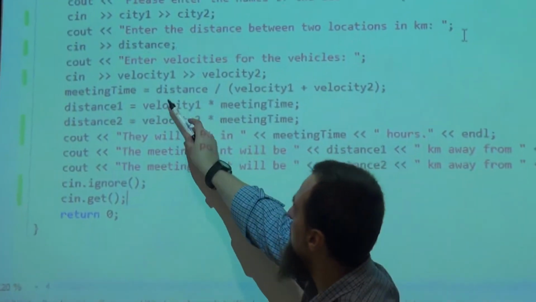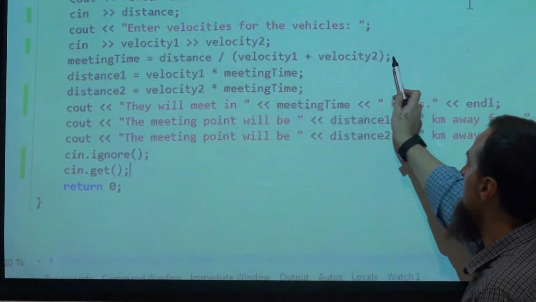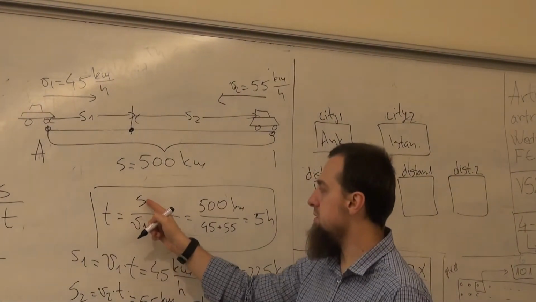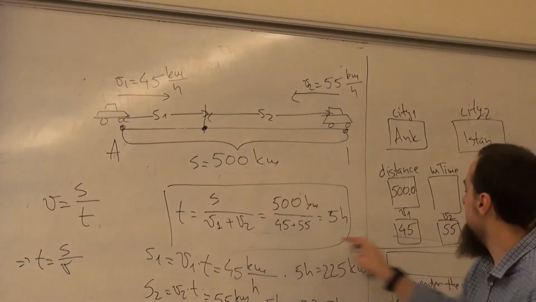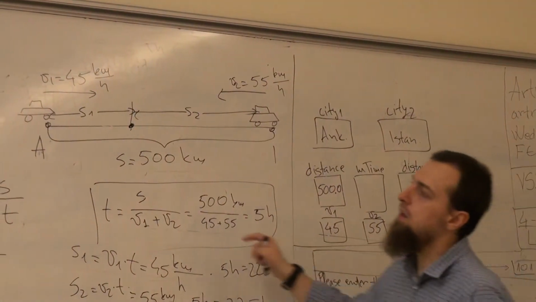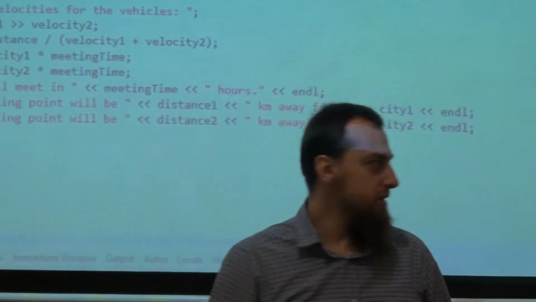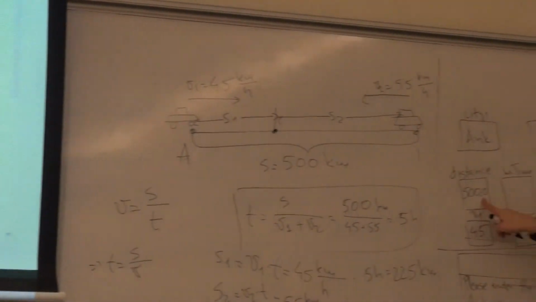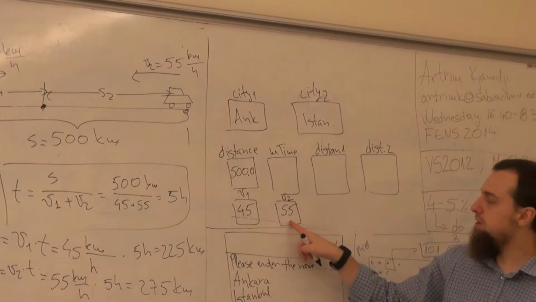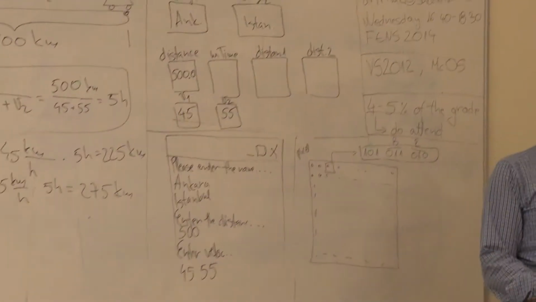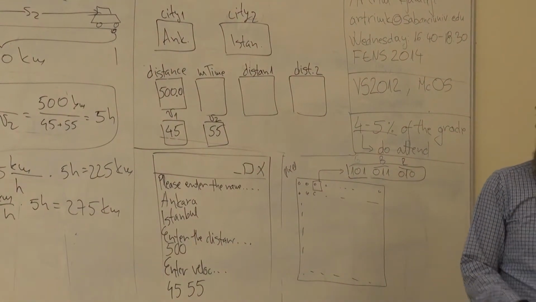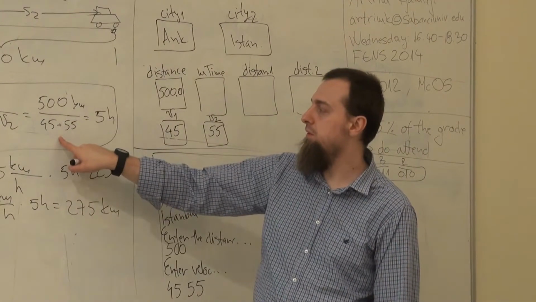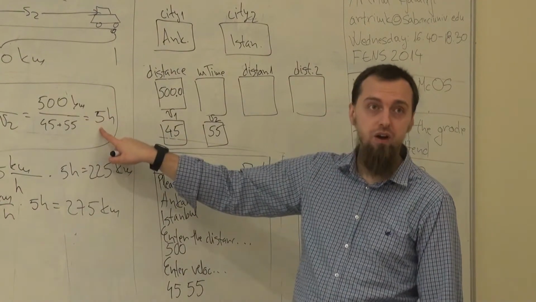Meeting time is equal to distance divided by velocity 1 plus velocity 2. As you can see, meeting time is distance divided by V1 plus V2. And what do I have for meeting time? Can you tell me? The distance is 500.0. 45 plus 55 is 100. 500 divided by 100 is 5.